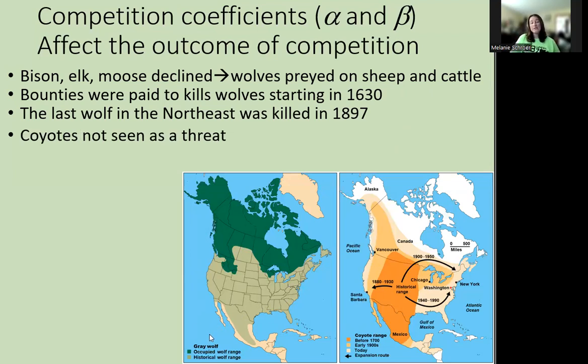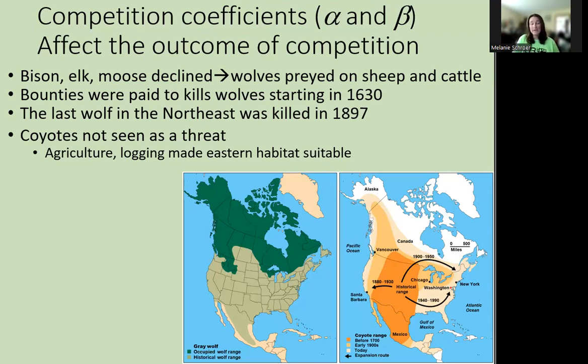Coyotes, on the other hand, were generally not seen as a threat, at least not nearly as much as the wolves, and so they were kind of left alone. And coyotes really benefit from human occupation, from agricultural land and logging.